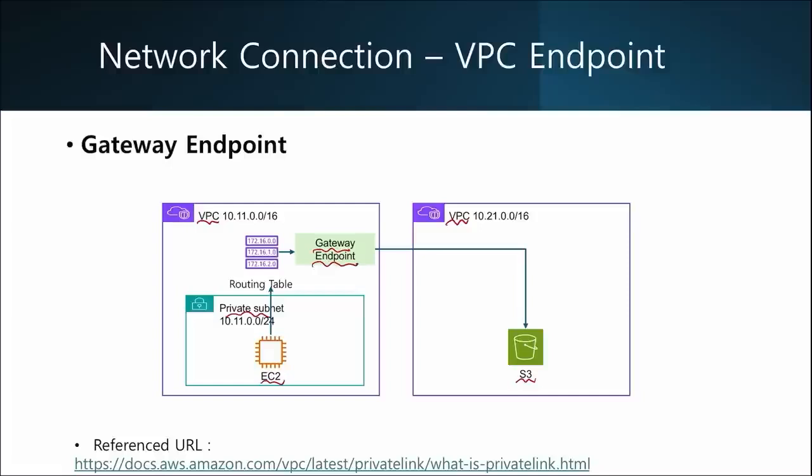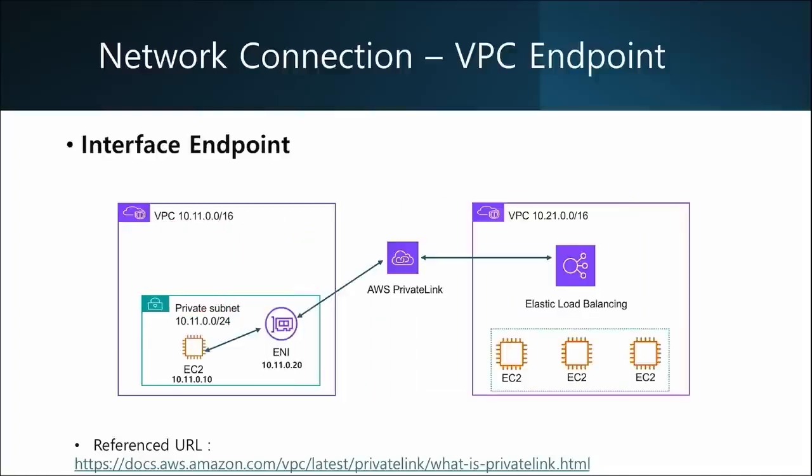Since EC2 is in a private subnet, you need to access the gateway endpoint through the routing table. This gateway endpoint then provides an endpoint that can connect to S3 in another VPC. So, it is a service that allows you to access resources in other VPCs without going out to the external internet.